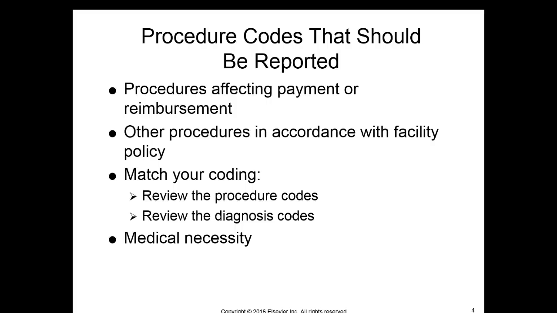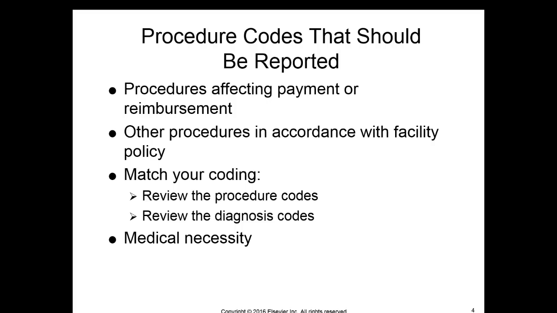When you are coding, you want to review your procedure codes, and you want to make sure that you have a diagnosis code that corresponds to any procedure that you coded. It would be inappropriate to say that a patient had an appendectomy when there was no code for acute appendicitis or some type of abnormality with that appendix.